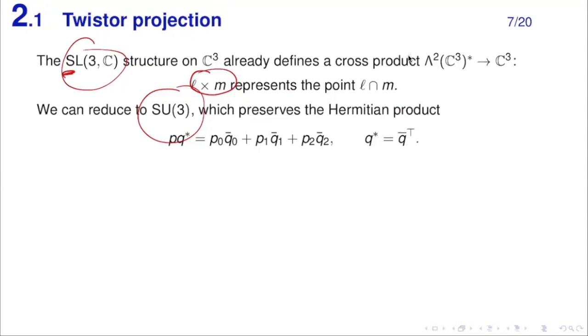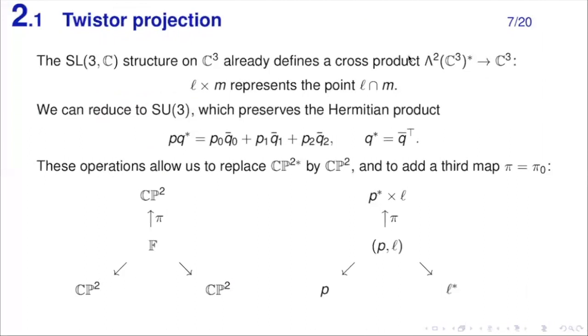So we have that already, but if we reduce to SU3, we can also take the conjugate transpose of a row vector and get a column vector. So having SU3 enables us to convert row vectors to column vectors, which is something I hadn't done before. That's what we now have available, and using that fact, we can introduce this third twistor fibration, which is this vertical map here.